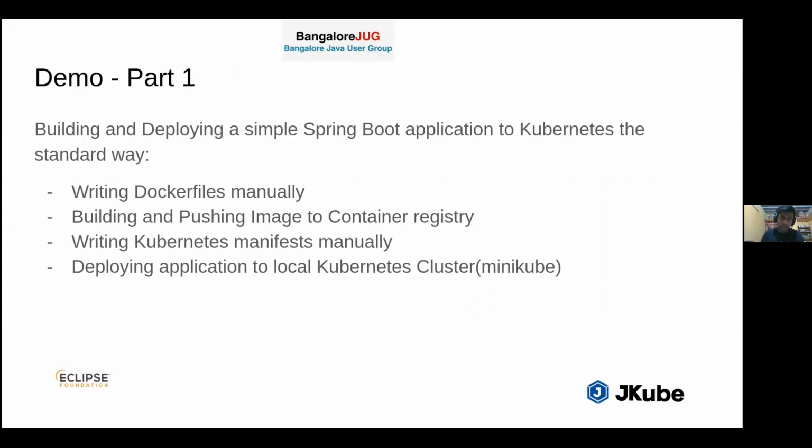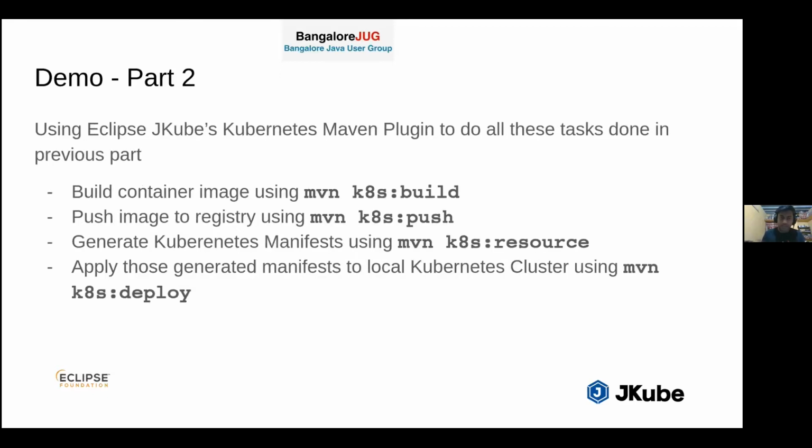I'm going to write the Kubernetes YAML manifest manually, and then I'm going to deploy the application to Kubernetes. So I'm going to do all that manually for the first part, and after that, I'll use JKube to do all of these things, just to demonstrate how easy JKube makes things for you as a Java developer.